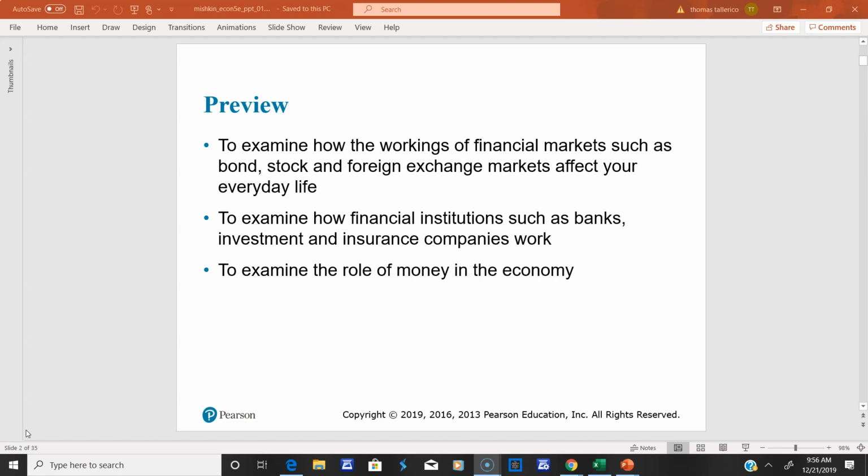I just wanted to go over a couple slides with you, just to prepare everybody, do a little preview here, okay? So this is chapter 1, and it basically sets the boilerplate up for everybody. We're going to look at the workings of financial markets in the United States: bond markets, stock markets, and foreign exchange.